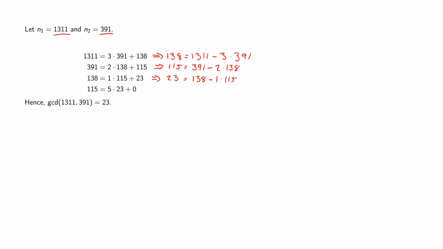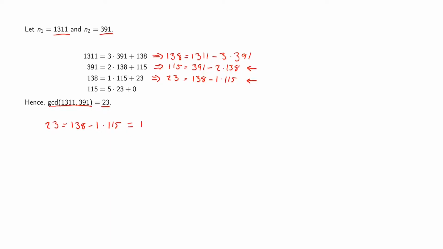So here we have that the GCD of 1311 and 391 is equal to 23, so we can rewrite this as 23 equals 138 minus 1 times 115. So now we're just repeating the second last row that we have here. Now the next step in this algorithm is to go to the row above in Euclid's algorithm and we replace 115.